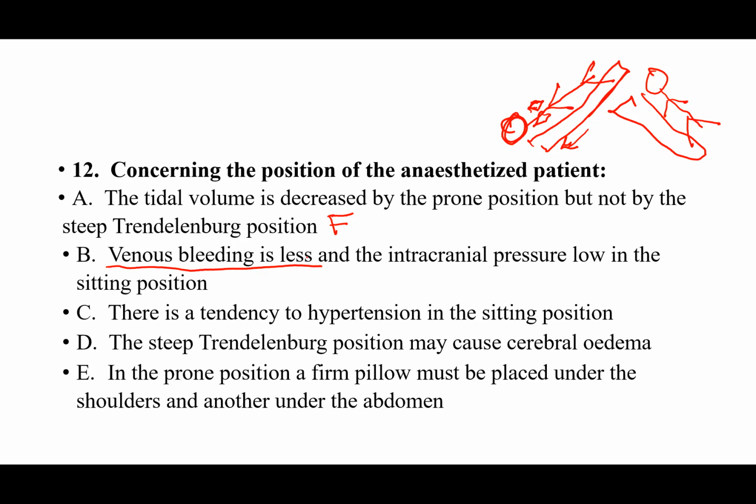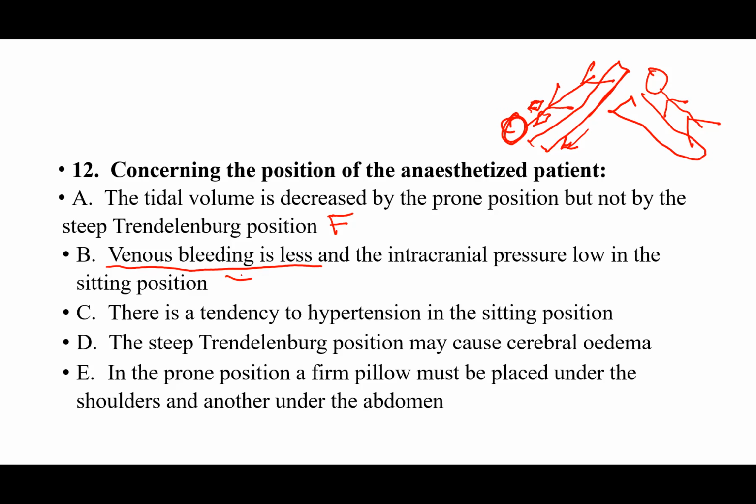And the intracranial pressure is low in a sitting position, of course, because the cerebral perfusion pressure will reduce. This is the advantage. However, the disadvantage is more than the advantage.